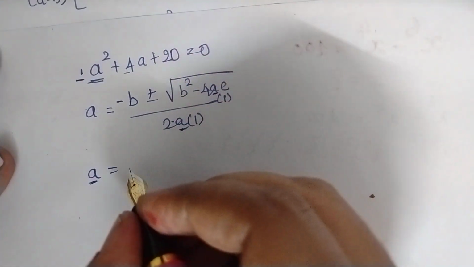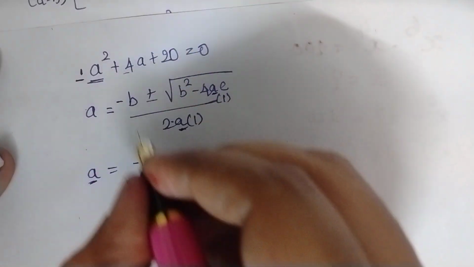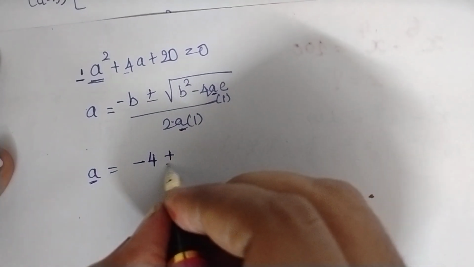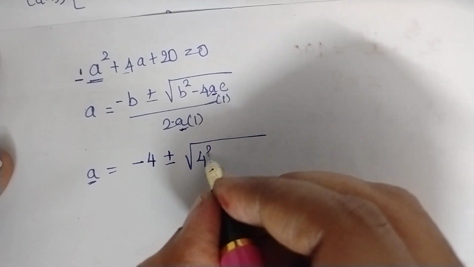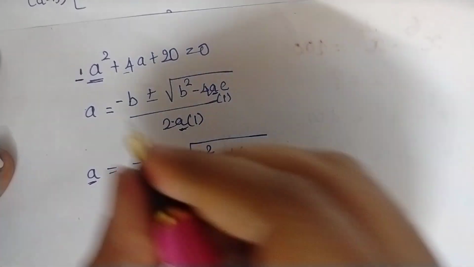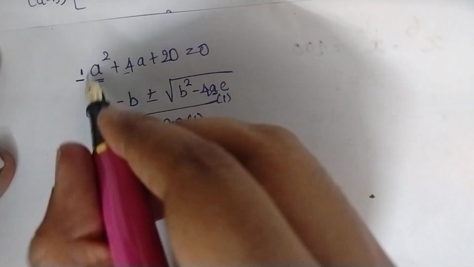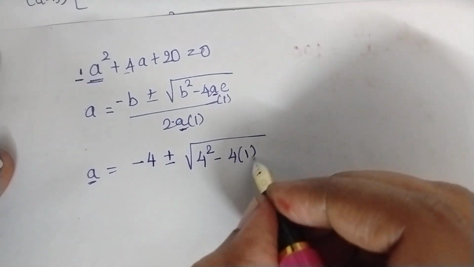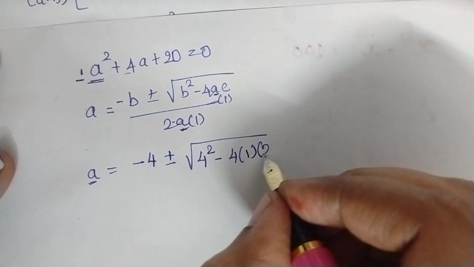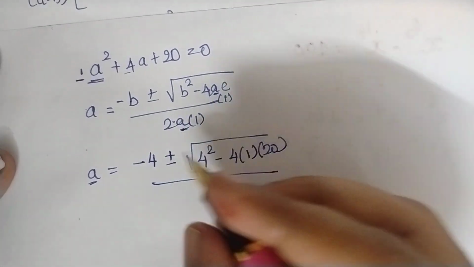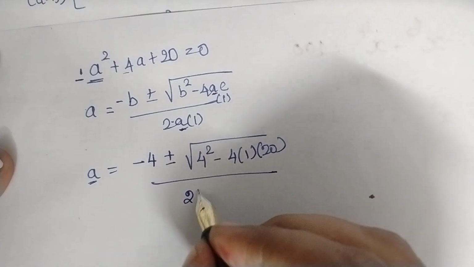Be clear on that. Therefore a is equal to minus b, which is 4, plus or minus the root of 4 square minus 4 of a. Here a, the coefficient of a square, is 1 and c is 20, divided by 2 into a, which is 2 into 1.